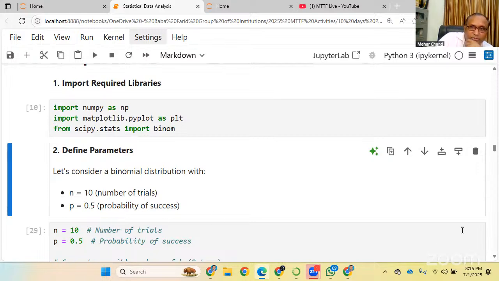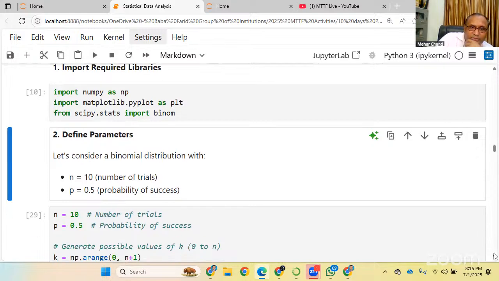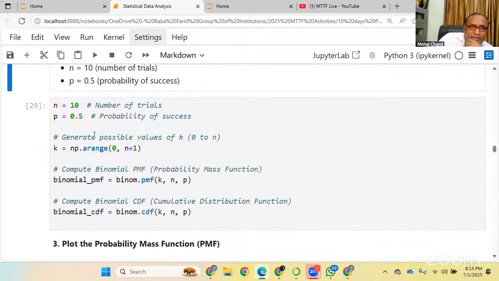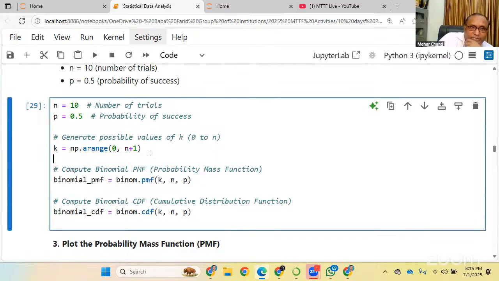Now we are using it inside code. This is very simple programming: n is equal to 10, the number of trials, and p is 0.5. Generate the possible values of k from 0 to n, so k is equal to np.arange(0, n plus 1). This will generate the possible values of k.